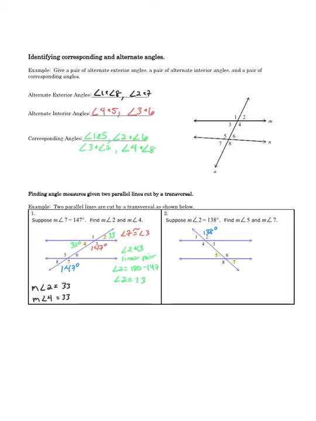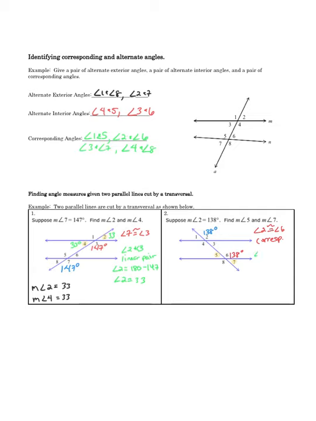Angle 2 corresponds to angle 6. So angle 6 is 138 degrees. We know angle 2 is congruent to angle 6, corresponding.